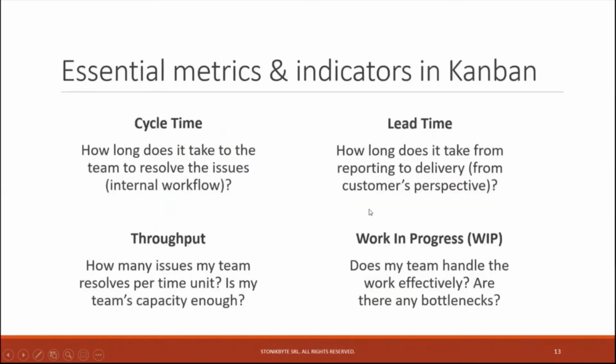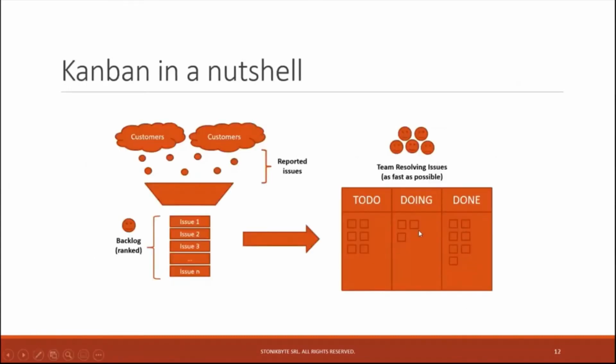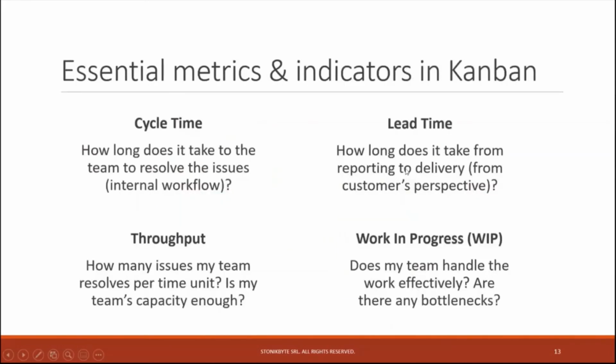This is lead time. Another important metric is the throughput, or what we name Kanban velocity. Throughput indicates how many issues the team resolves per time unit, how productive this team is, how many issues they resolve in 1 week, let's say. This way you measure the capacity and the productivity of the team.